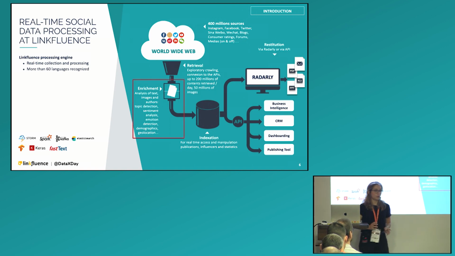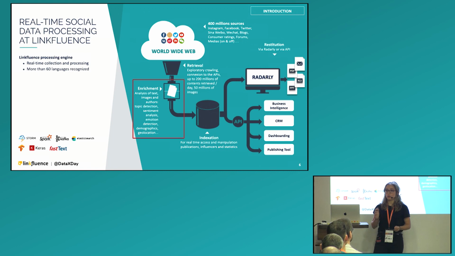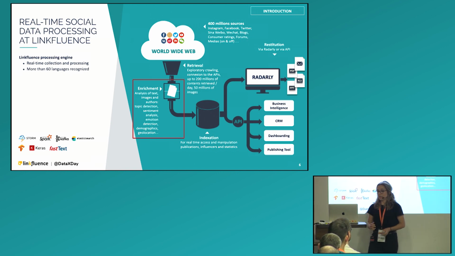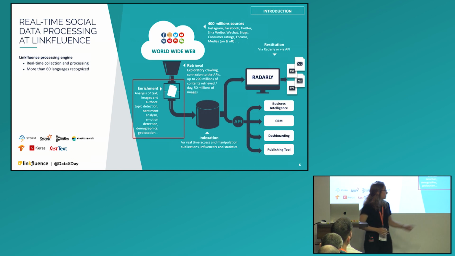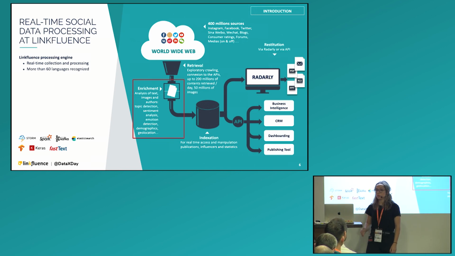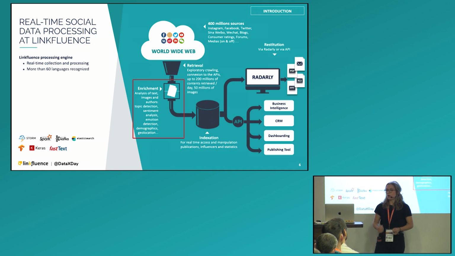And this is where we'll focus for this talk, because it's where all our machine learning algorithms are used to perform the inference part on the data to structure it and analyze it. Then all the data is sent to the indexation through Elasticsearch. And thanks to this indexed data, users at Linkfluence can browse the data and filter it, either by using the SaaS platform we've developed, called Radarly, or by accessing it through the API. So you can get all the analytics on your data through it.